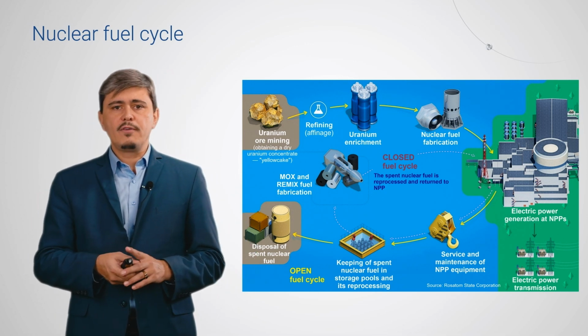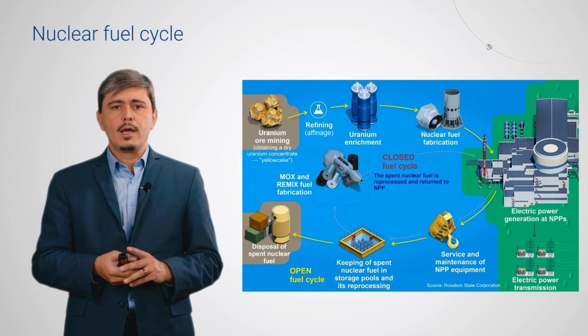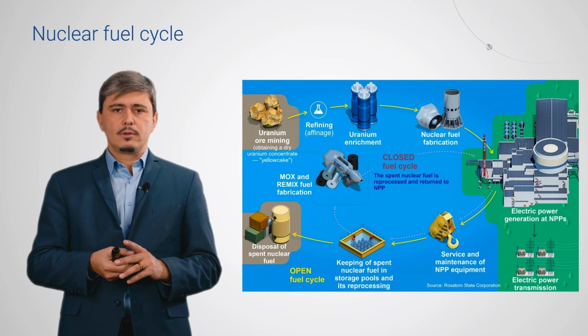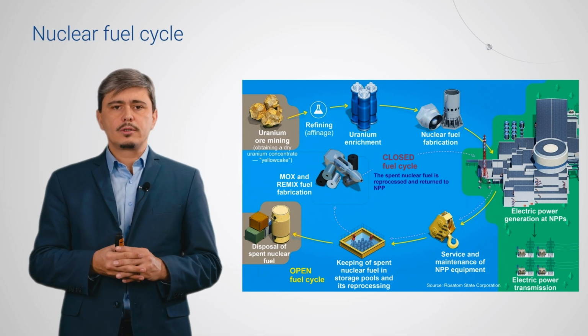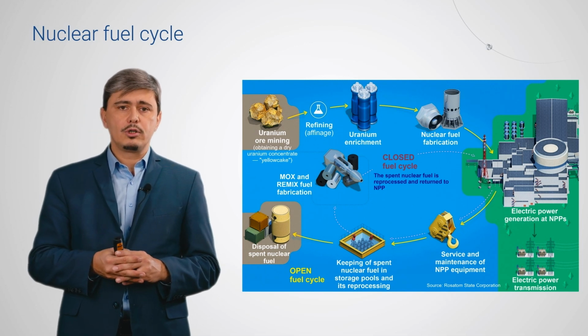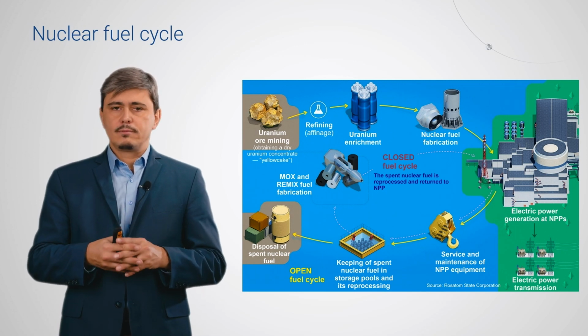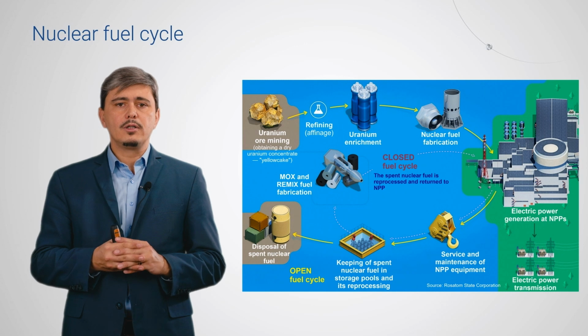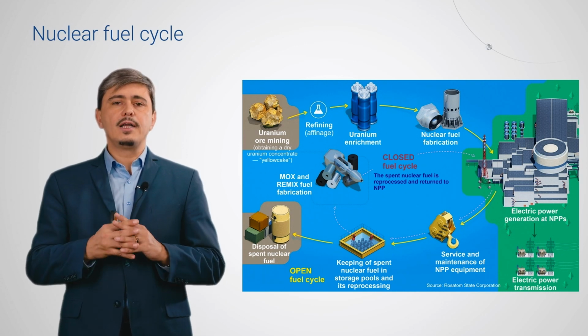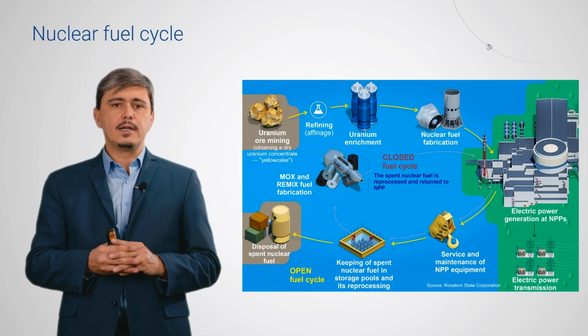Because initially, for many years, traditional way, actually so-called open fuel cycle. After operation, fuel should be stored in wet storage, in dry storage, but after decades maybe, finally this fuel should be disposed finally in some special facility.